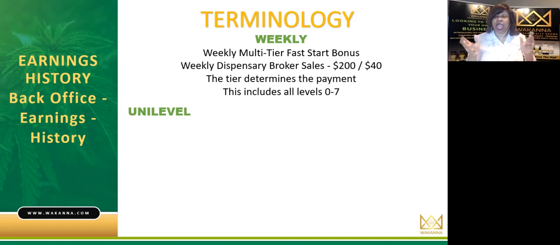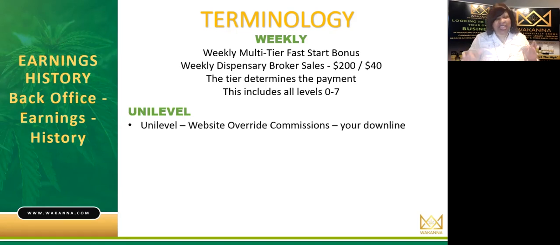Now, let's just say hypothetically, after 2 weeks, you start doing this every week. Every week you sold a dispensary. Every week you sold a millennial. Then after that first 2 weeks, you would be getting paid every single week. Now, Unilevel relates to a lot of stuff, but that's what comes out monthly because it encompasses so many things that can't be calculated until the end of the month.